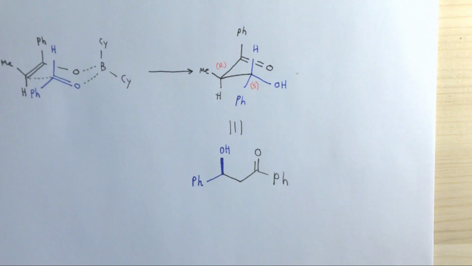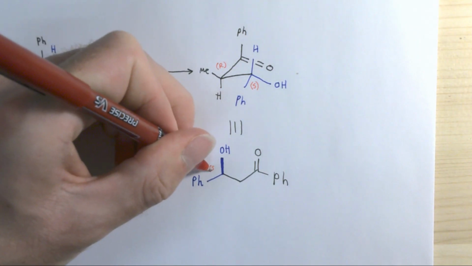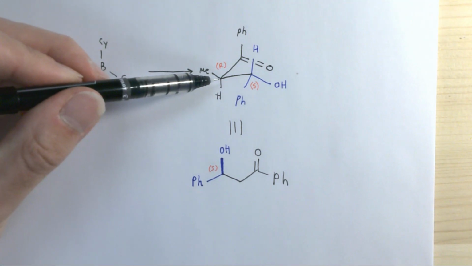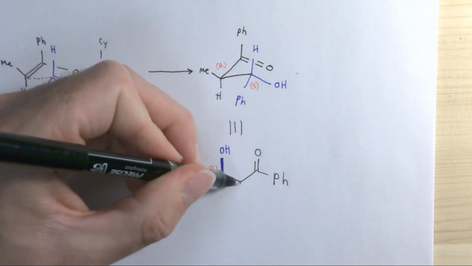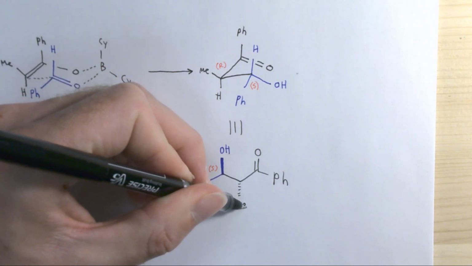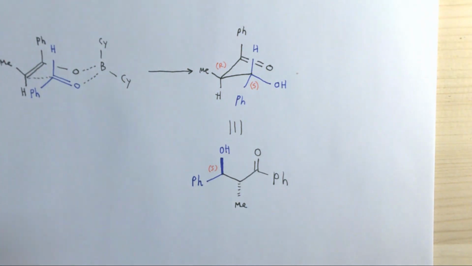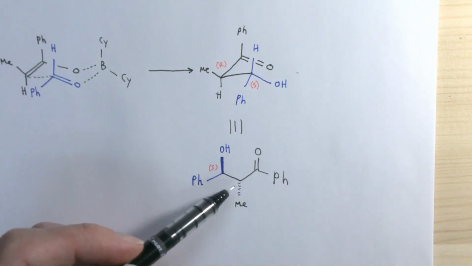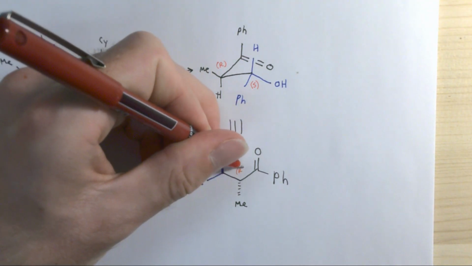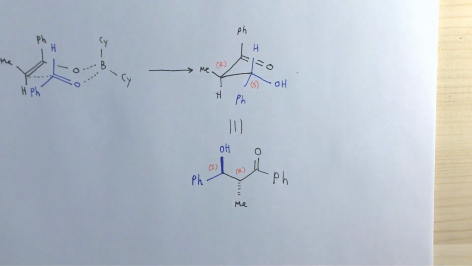H is going back, so that's going to stay as S. Everything looks great. Now, for the methyl group over here, I can already tell that needs to be on a hash. And if I do this, it looks like S, but H is coming out at me, so it's actually R, and I've successfully converted that over. And you can see it's an anti-aldol product. I already knew that going into this, and that gives me some confidence that I've done this correctly.